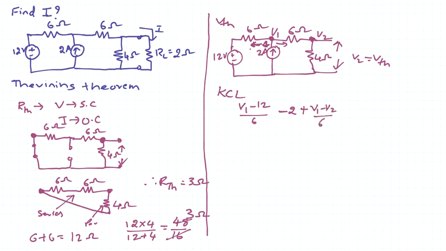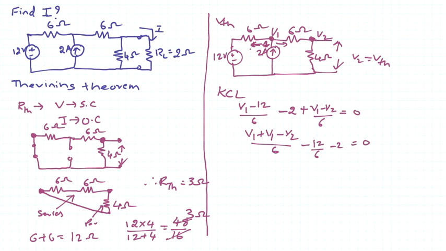So this is the first equation. So we can take it as (V1 minus 12) by 6 minus 2 plus (V1 minus V2) by 6 is equal to 0.